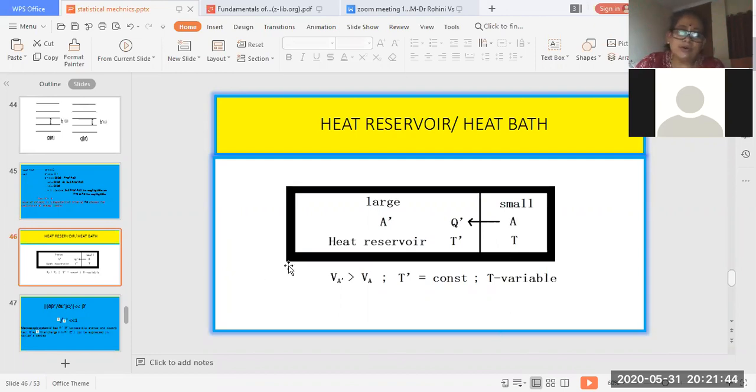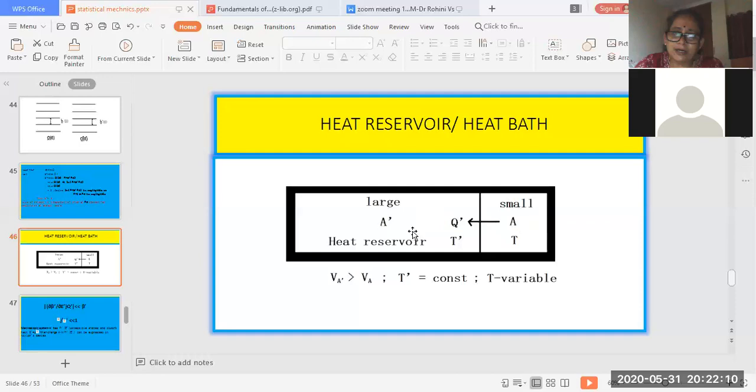The same system we have considered in the last sessions. Thermal isolation is shown by this black line, and there are two systems here. One is very large and another is very small, but you can see they are in thermal contact with each other. One is A dash, another is A.